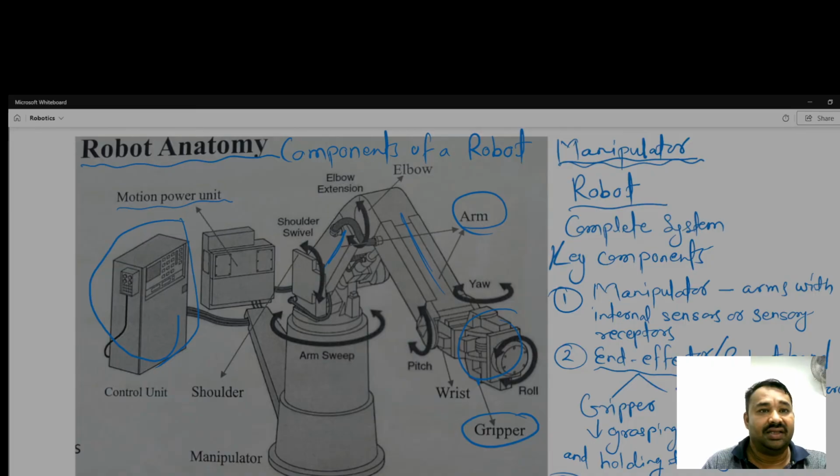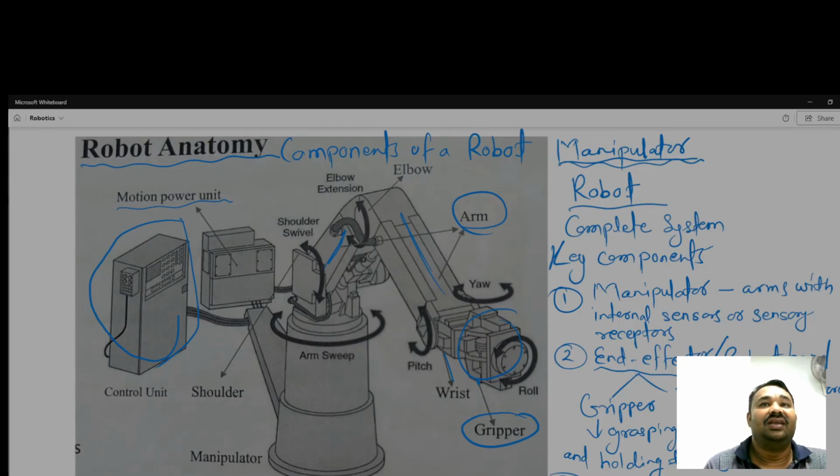And what other things? Yes, the wrist, just like the wrist you can see in your own hand. Then the fingers are connected with the wrist, and up to the wrist is the part of the robot, and the effector is not a part of the robot.